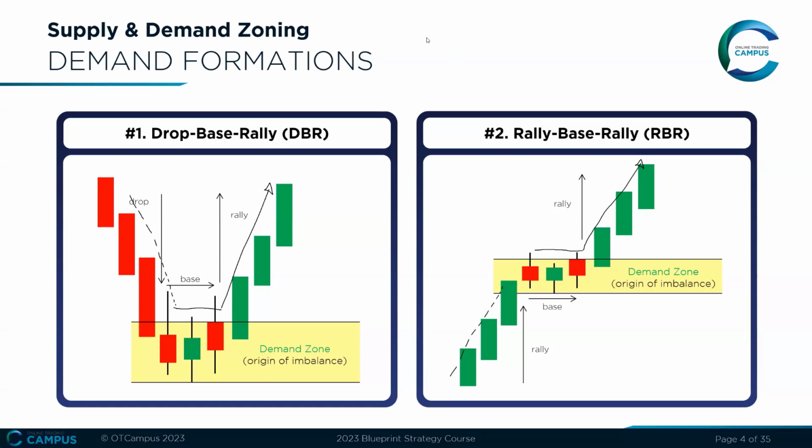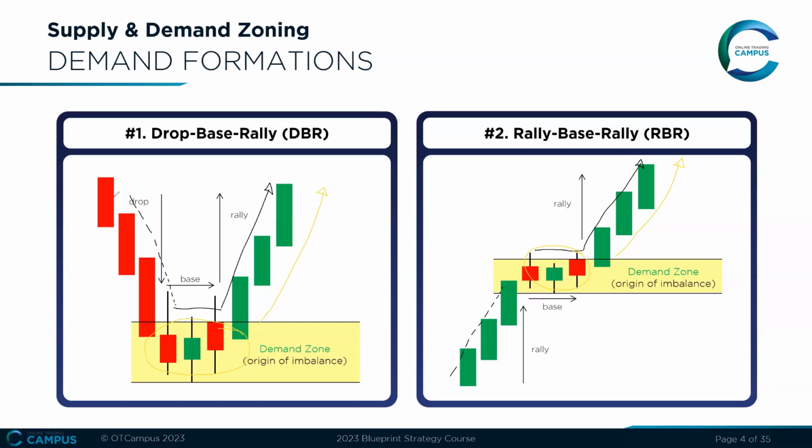They have in common the base followed by a large rally out. That is the important part. Whatever happens before that, either a rally into the base or a drop into the base, that doesn't matter. That just changes the name of the demand zone.